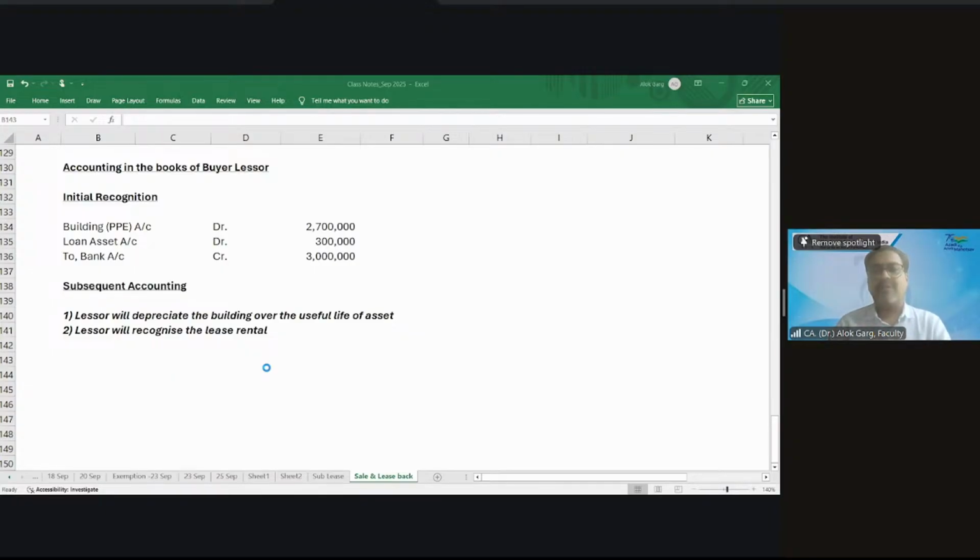If you see what is the annual lease payment, it is 2 lakh.